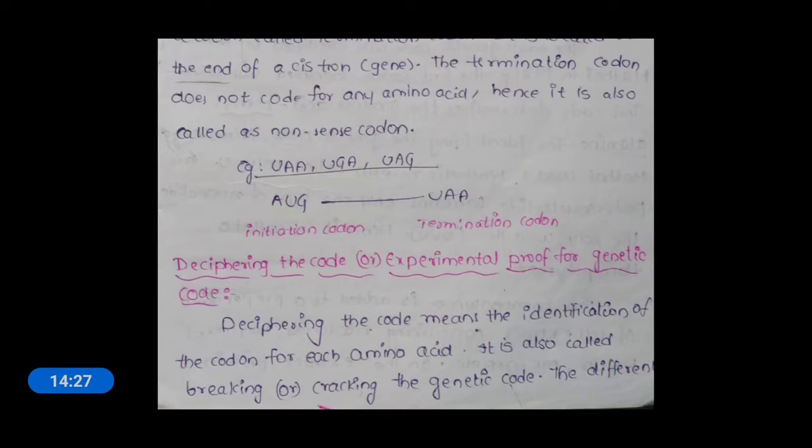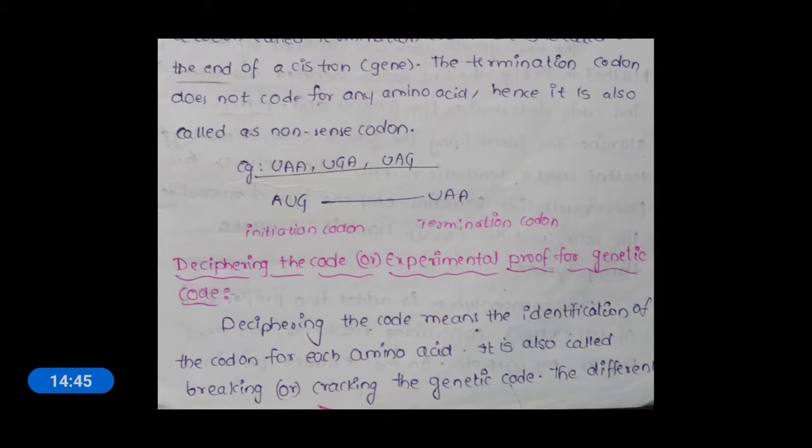Deciphering the code means the identification of the codon for each amino acid. By this experimental proof, the scientist H.G.